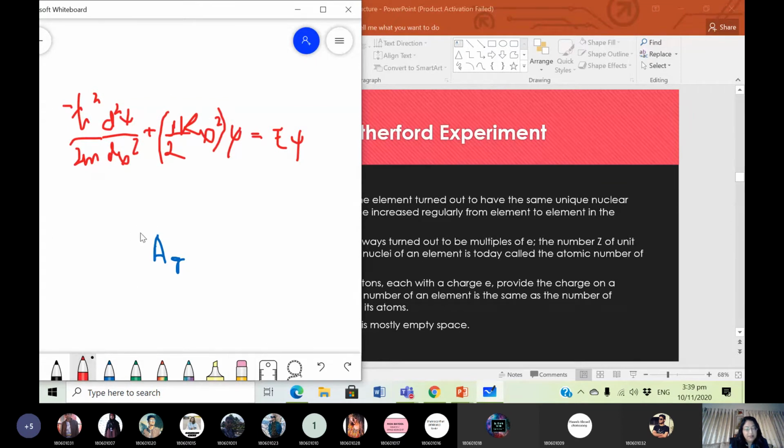This is the mass number. I think we use the symbol M or A here and Z here. Z is the proton number and this is the mass number. So Z is the number of protons in the nucleus, and M is the total number of neutrons plus protons. So that is the mass number.